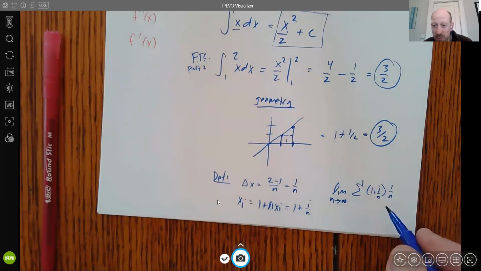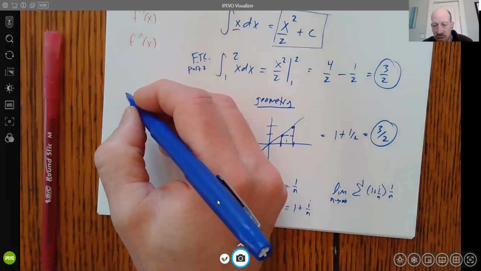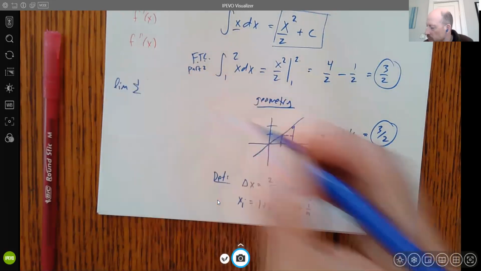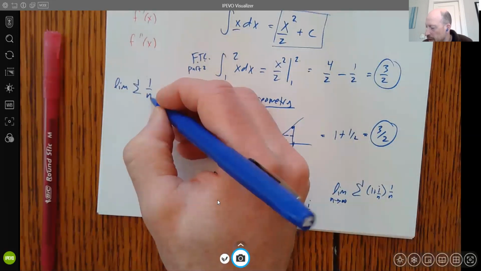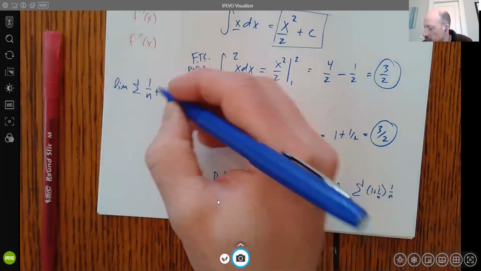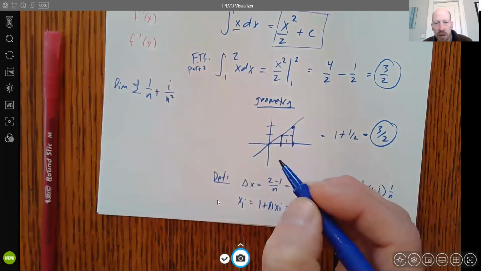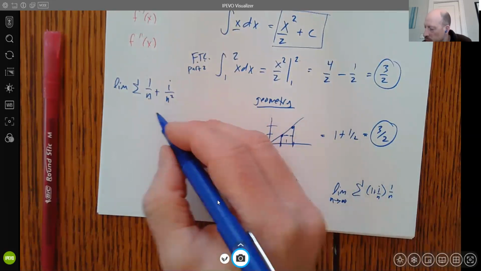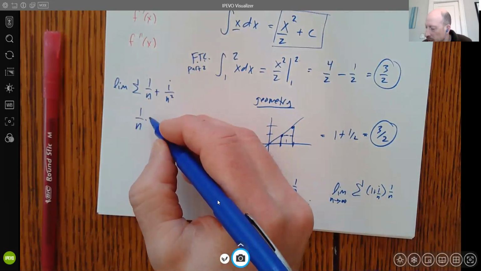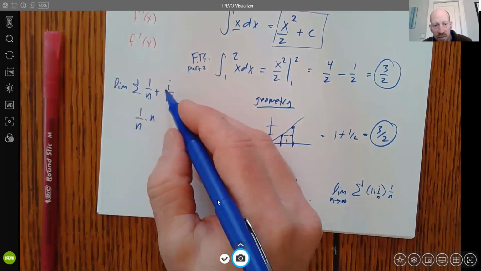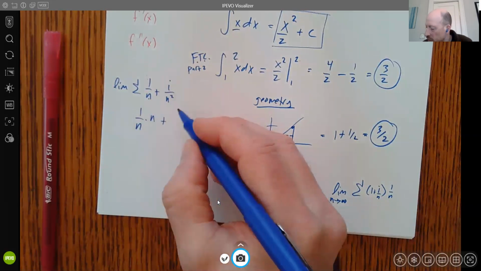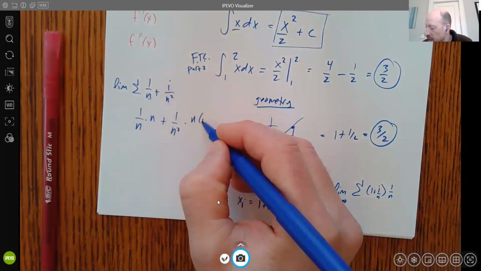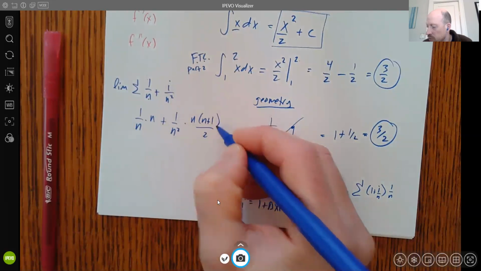And then we have those rules and processes here. Maybe I should do that just as a reminder. This is then the limit of the sum of 1 over n plus i over n squared. The sum of 1 over n is going to be 1 over n times n, because that's a constant. And the sum of i over n squared is going to be 1 over n squared times the sum of the i's, which is n times n plus 1 over 2. That's a formula.